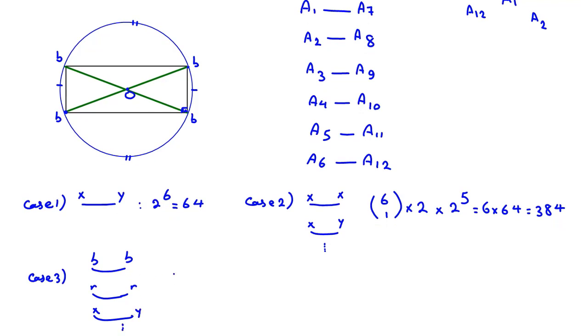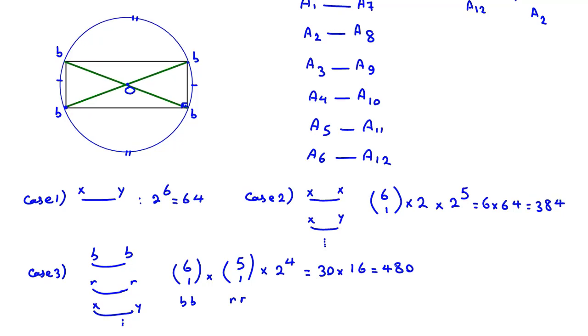So at first you should say 6 choose 1 for BB, then 5 choose 1 for RR, then we have 4 diameters left, 2 to the 4 for RB or BR. It will be 30 times 2 to the 4, which is 16, which is 480.